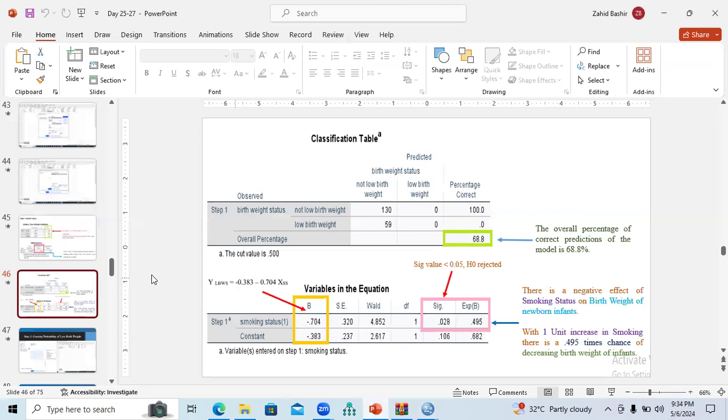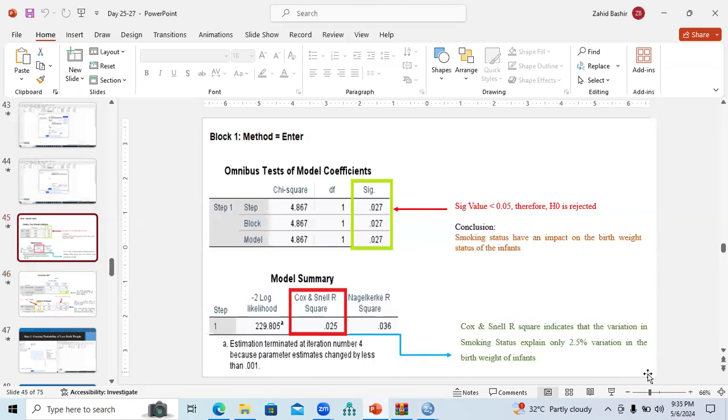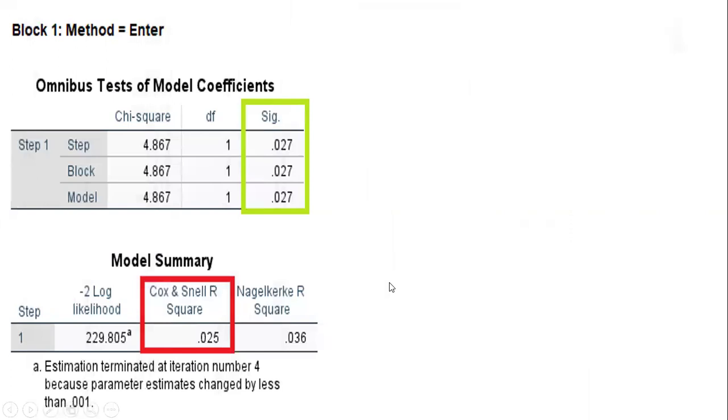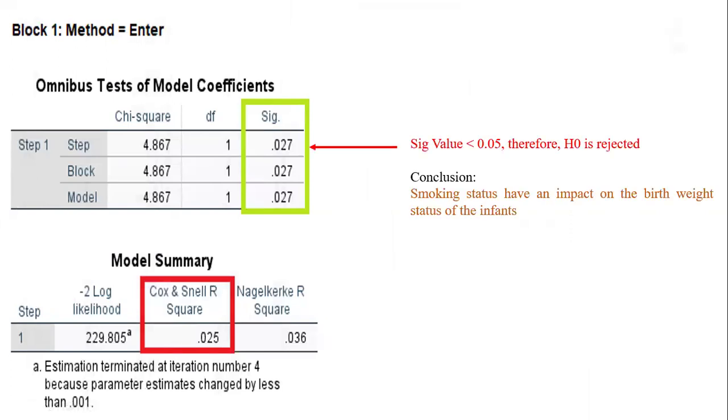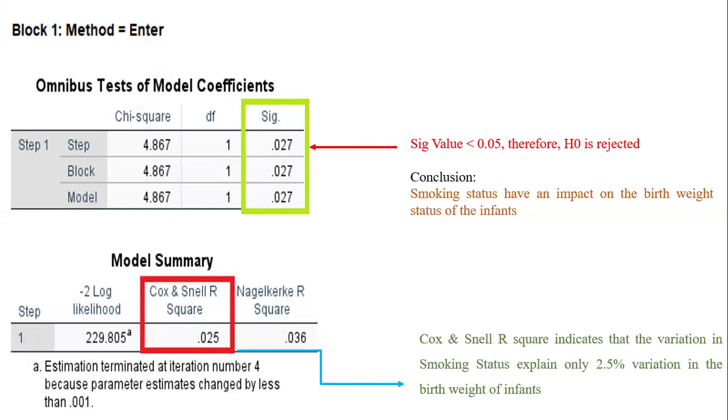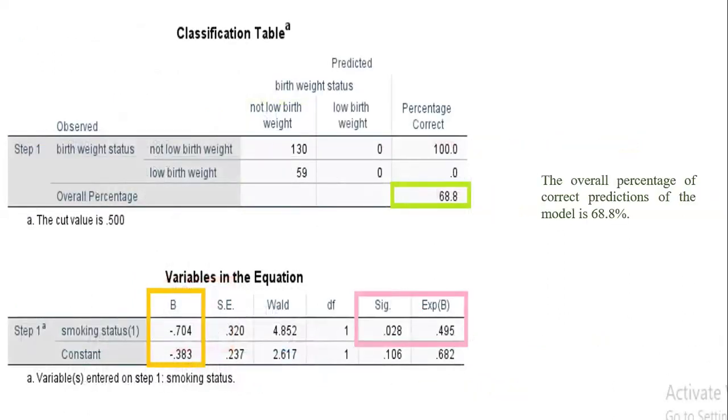So we can consider here the detailed interpretation. As we have already discussed, the sig value is less than 0.05, therefore H naught is rejected. So smoking status has an impact on the birth weight status of the infant. The Cox and Snell R square indicates that the variation in smoking status explains only 2.5% variation in the birth weight of infants. The overall percentage of correct prediction of the model is 68.8%.